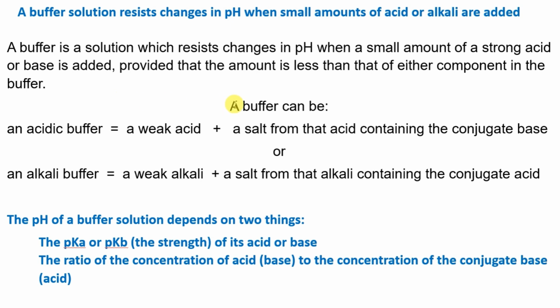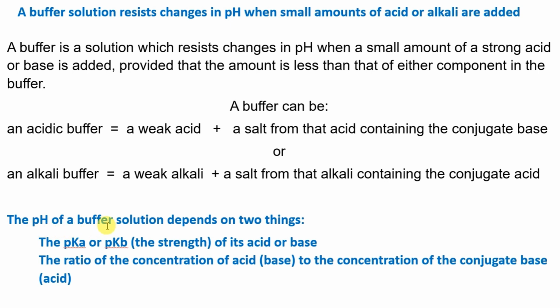A buffer can be an acidic buffer, a weak acid together with a salt from that acid containing the conjugate base. Or, for an alkali buffer, a weak alkali together with a salt from that alkali containing the conjugate acid.